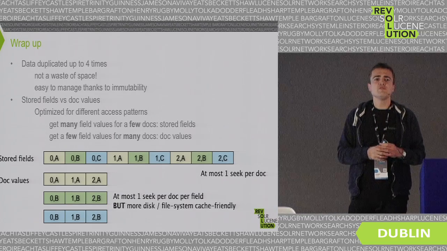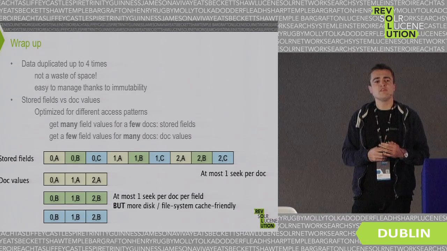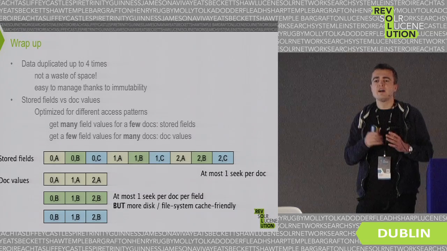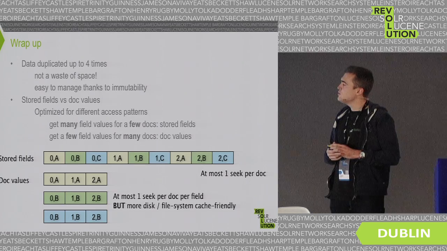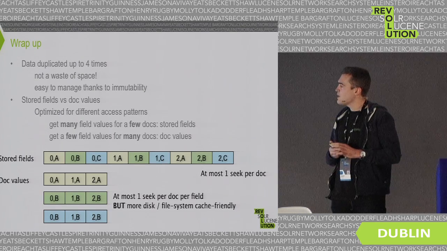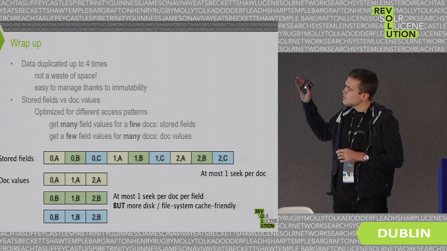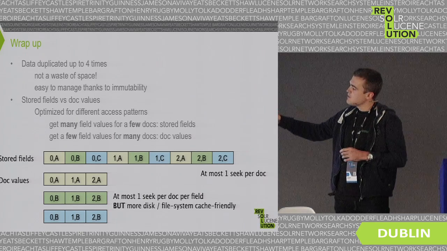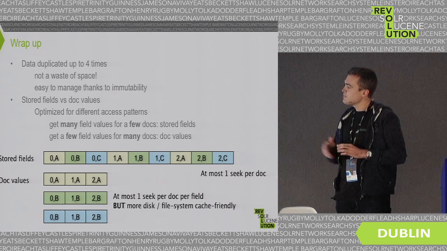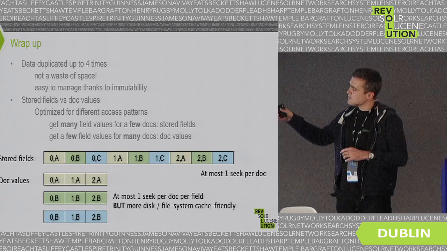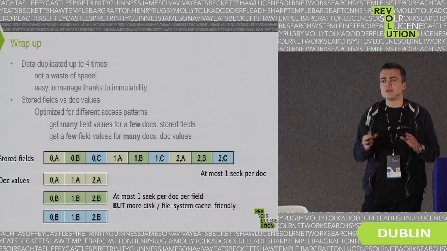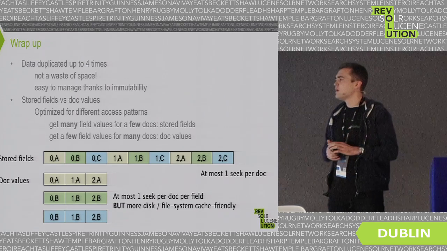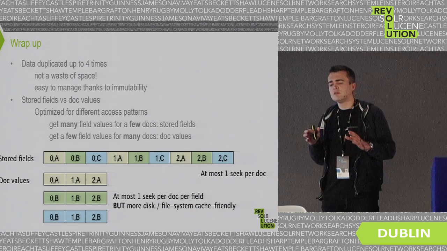On the other hand, if you are going to use, let's say, numeric doc values in order to modify the score which is computed by Lucene, a better option would be to use doc values. Why is that? Let's say that you are going to use only field A and field B for scoring and not field C. With stored field, because of the way disk works, let me take some minutes to talk about it.